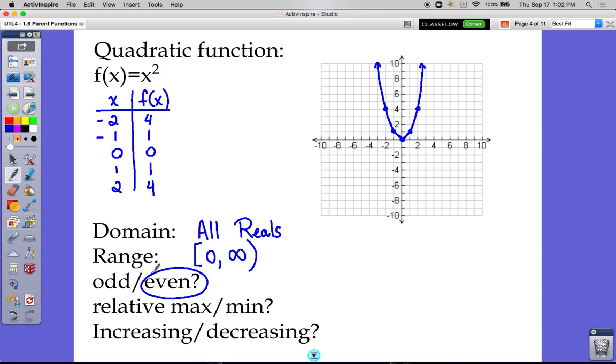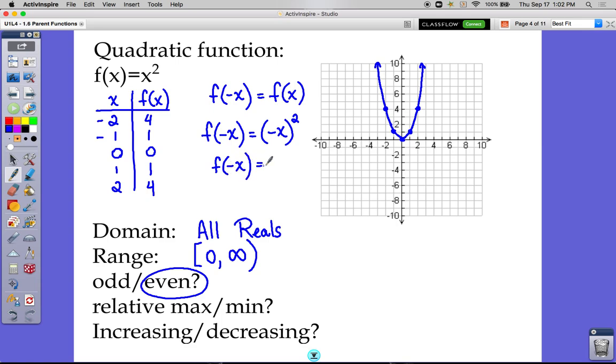But now, if we want to try that algebraically, the test for even is f of -x has to be equal to f of x. So if I use a negative in this equation, f of -x, that means I have parentheses -x and then square it in place of just the regular x squared. I substitute a -x. When I square a negative, what happens?